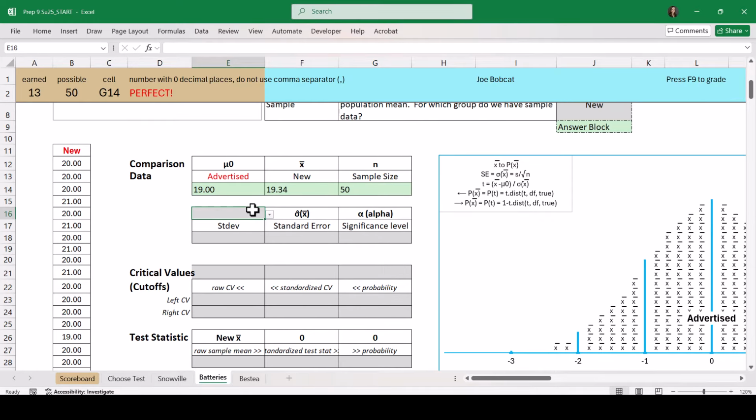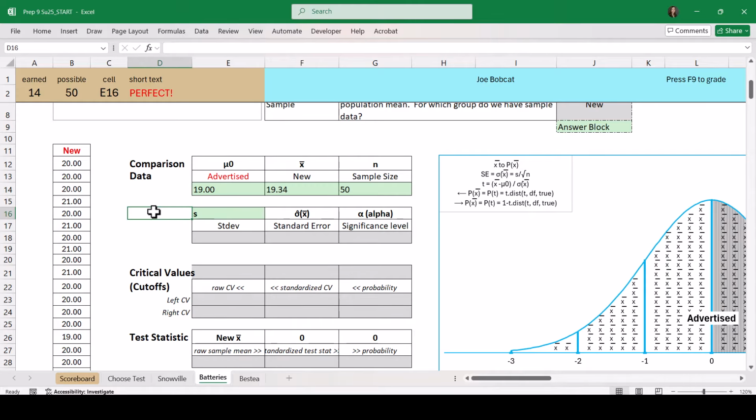We do not know the population standard deviation. We only know the sample standard deviation. S equals the sample standard deviation. This is sigma, a Greek symbol. I'm just going to put O. That is the population standard deviation.